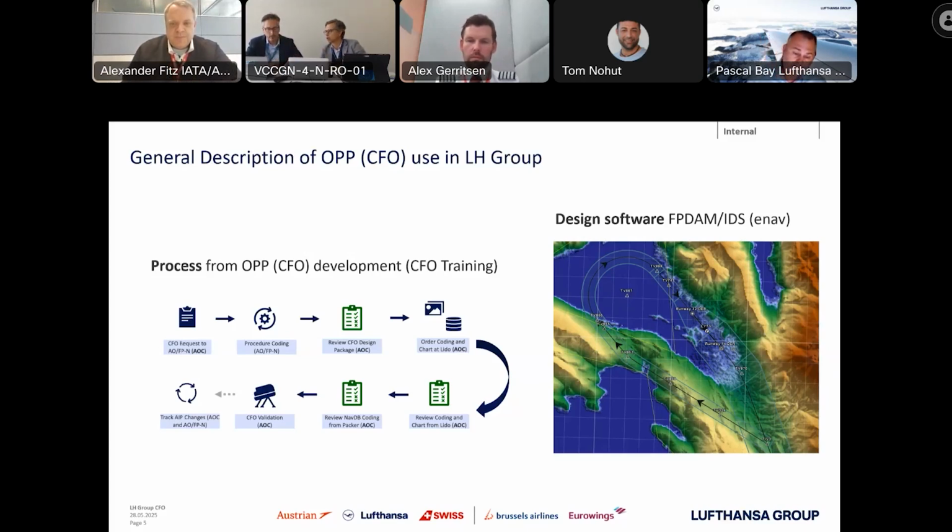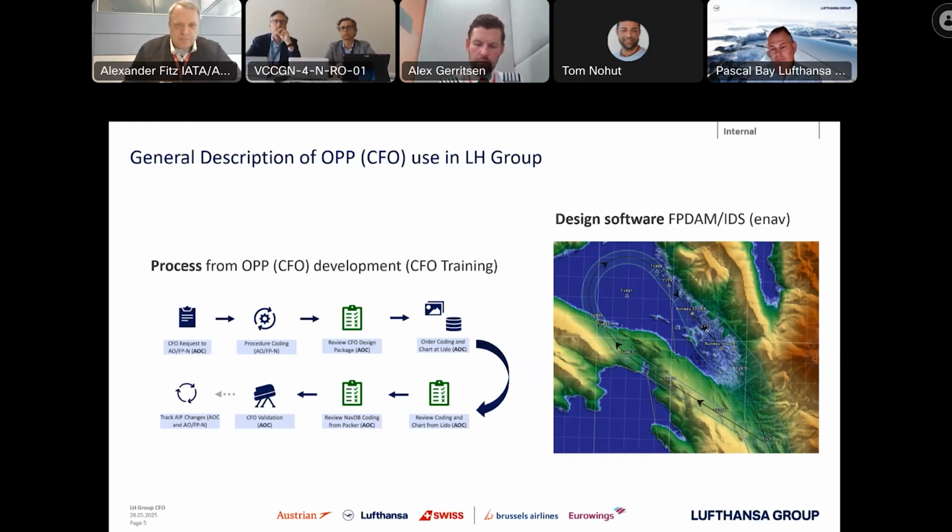Then we go into the simulator and validate the procedure. The pilots have checklists of what they have to do. We record that also with cameras, so we can take a look at the details afterwards. Once that is done and everything is okay, we release the procedure to the fleet, to the respective AOCs.